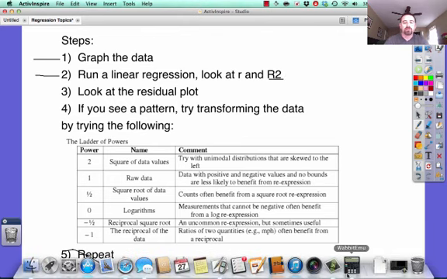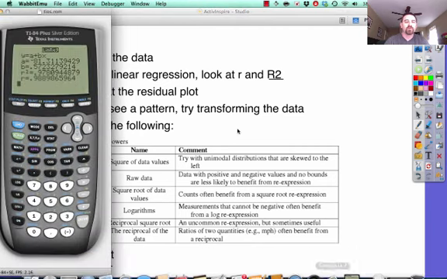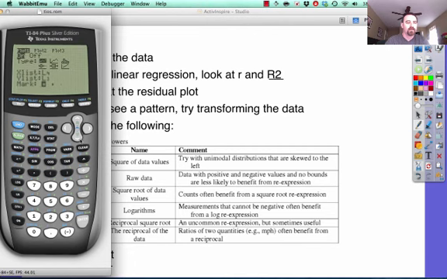So let's go ahead and see what the residual plot looks like now. We're going to go to stat plot again. I'm going to do my x's versus my residuals. Zoom stat. Now, there's still a pattern, which means there might be a better model out there.